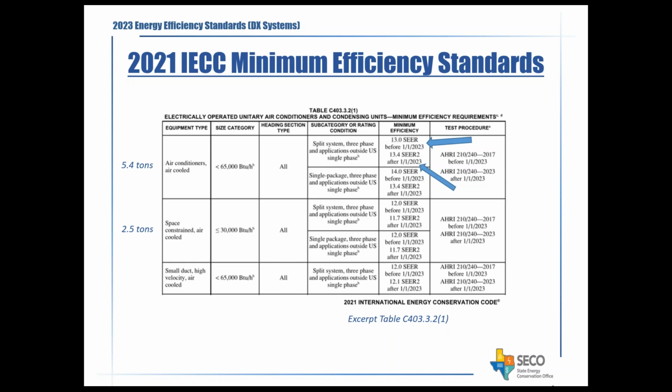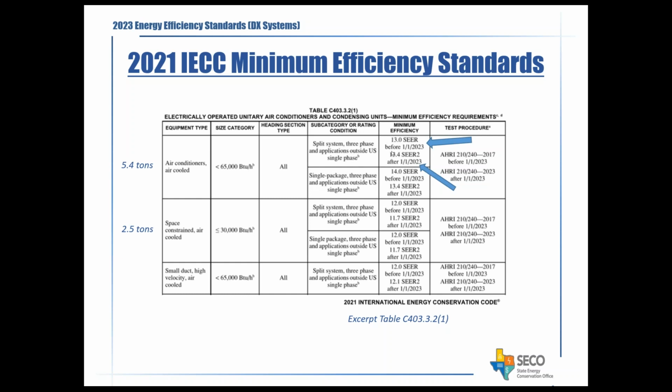So it says that if you have an air conditioner that is less than 65,000 BTUH capacity, which roughly comes out to 5.4 tons, no matter what type, mostly single phase units, these are the categories.